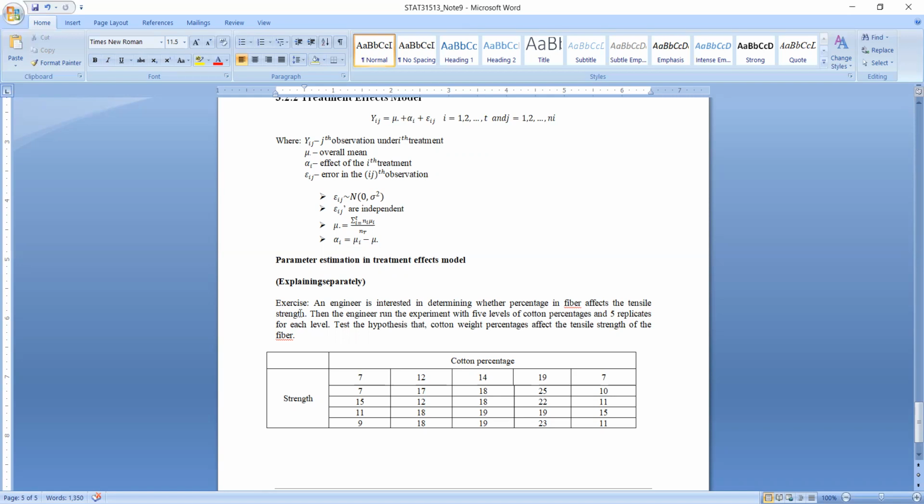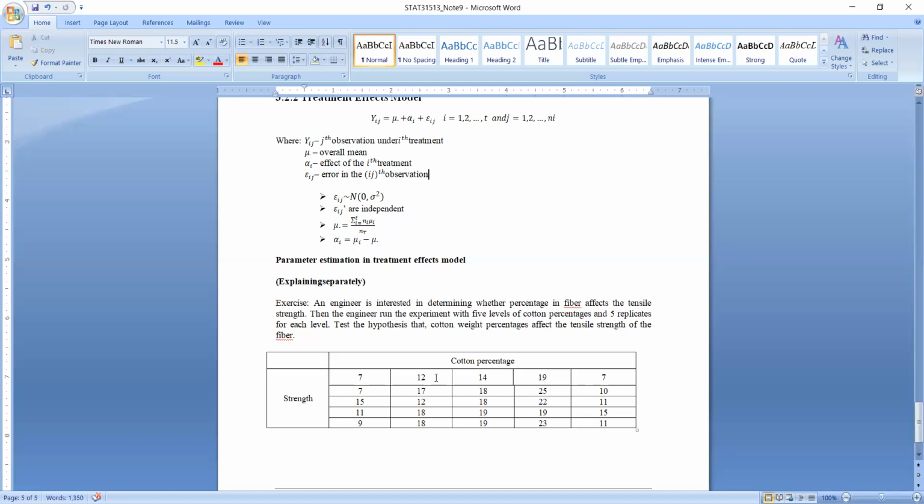Here you can see 5 different levels of cotton percentages, and when the cotton percentage changes, the strength of the fiber also changes. They have gathered information regarding the strength under these 5 different cotton percentage levels. So now we have to check whether this strength is actually different between these different levels of cotton percentages.